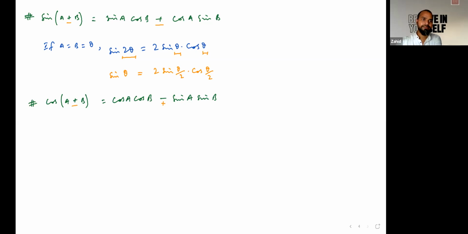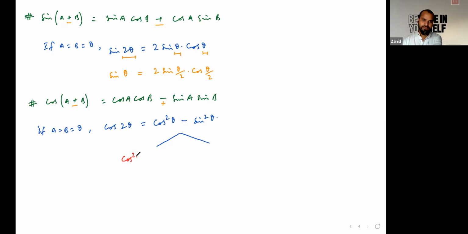Now, if A equals B equals theta, it would be cos of twice theta, which means cos A cos B is cos square theta minus sine A sine B, which becomes sine square theta. Just convert these two parts into any one of them.